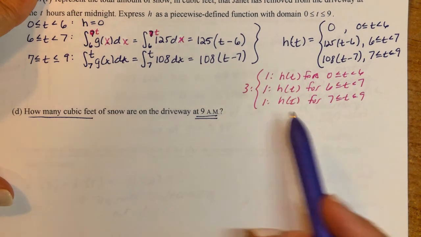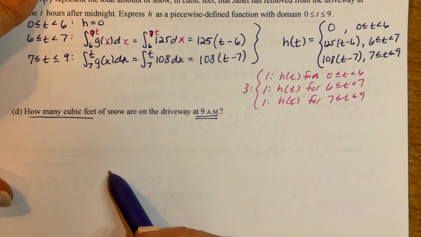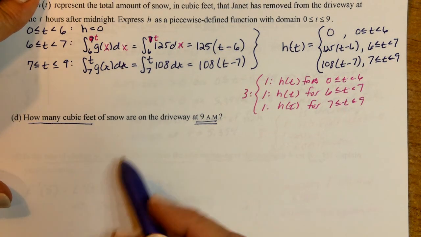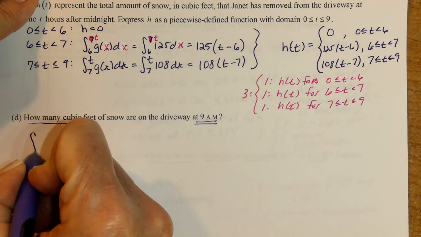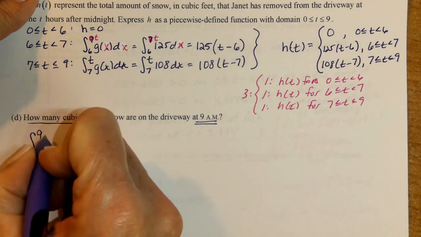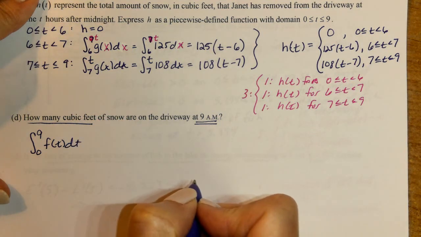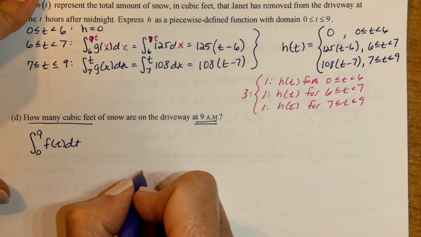So I think I'm starting at 0, right? Nothing is there at midnight. How much snow falls the entire time? That will be our integral from 0 to 9 of our rate f of t. That's the total amount that fell.